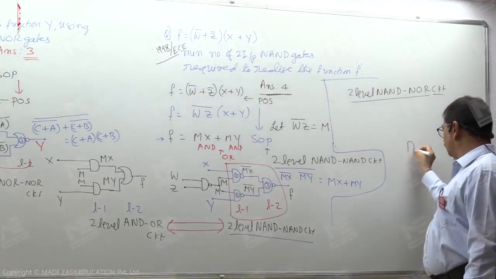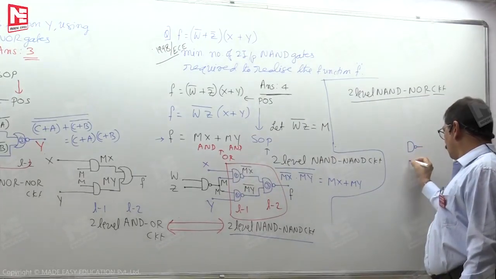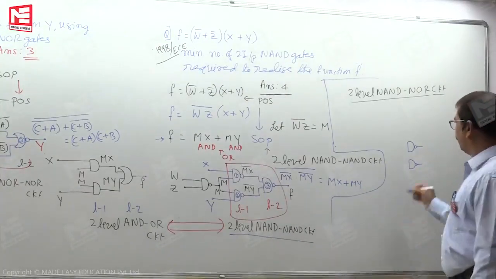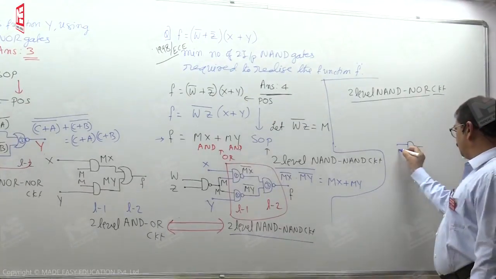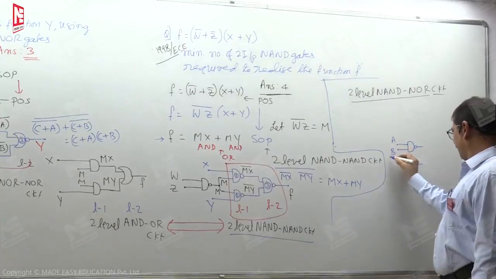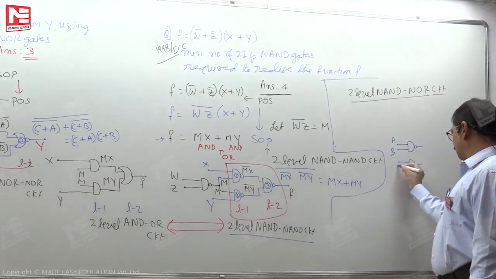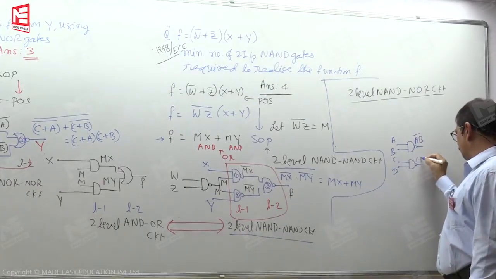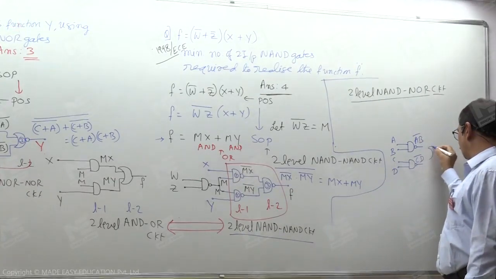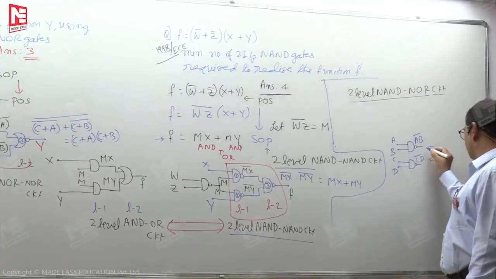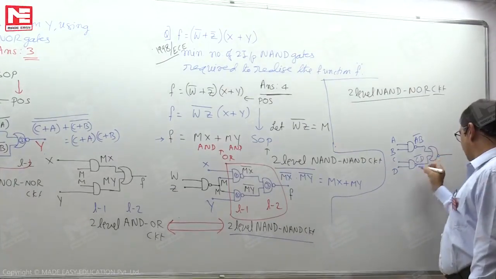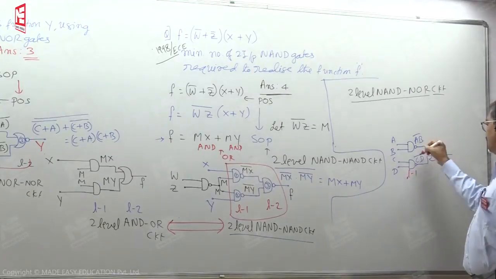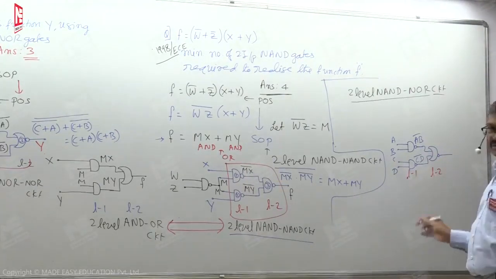Suppose we use 2 gates at level 1. One gate has inputs A and B, the other gate has inputs C and D. So this is (AB) complement, this is (CD) complement. At level 2 we must use a NOR gate. So at level 1 we have NAND gates, at level 2 a NOR gate.